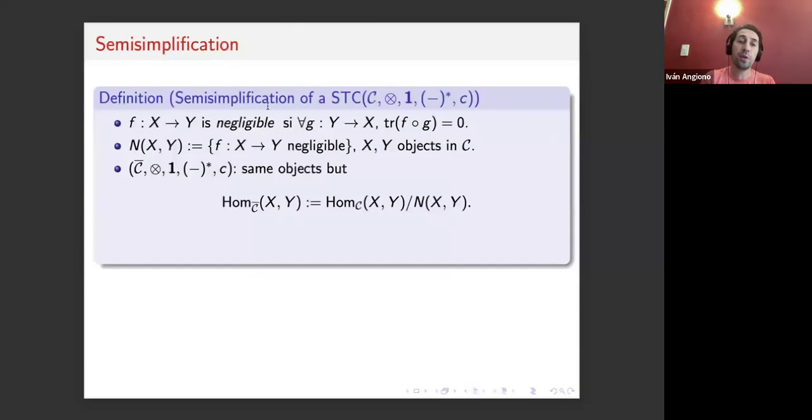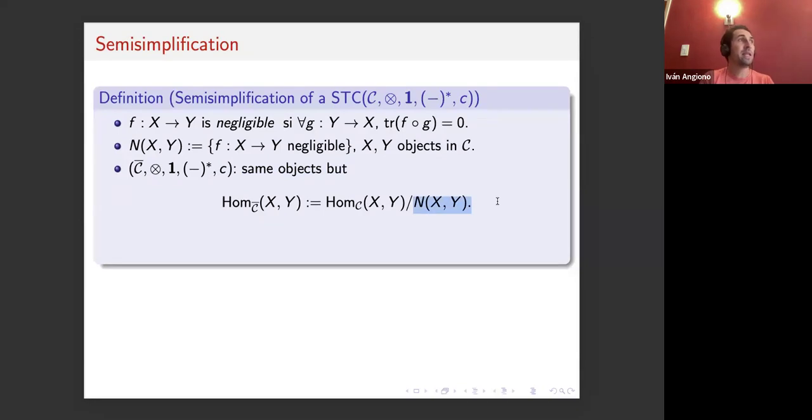And you construct a category which has the same set of objects, not so big, a small category. I forgot for a moment the name. And for Homs, what you do is you quotient the original Hom space by this subspace of negligible maps.